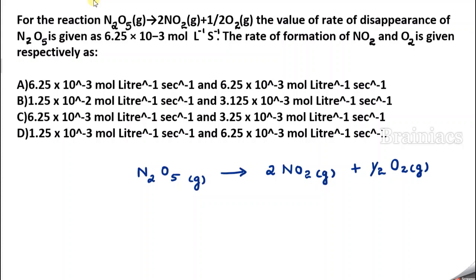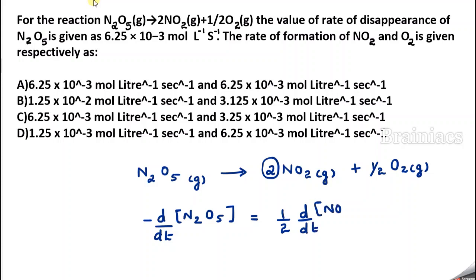So here the reactant is N2O5. Let's write minus d by dt of concentration of N2O5. It should be equal to what? Take the coefficient and take the reciprocal of this, correct? So 1 by 2 d by dt of concentration of NO2.